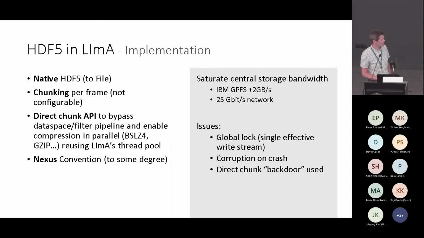We always have this corruption on crash, which is an issue because data integrity is our first goal. And it doesn't happen really often, to be honest, but when it happens, it's always a pity. And we use the direct chunk write that we think is a kind of backdoor, and we would like something maybe better, just something more official in the future.